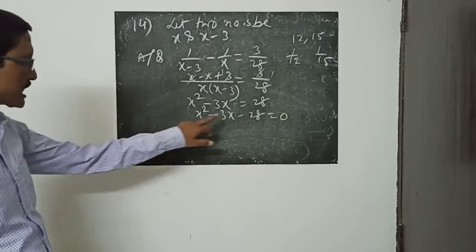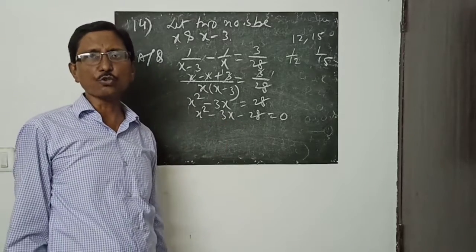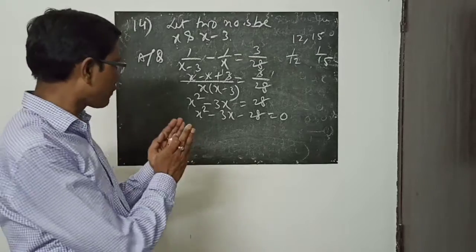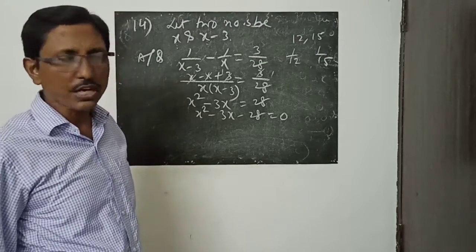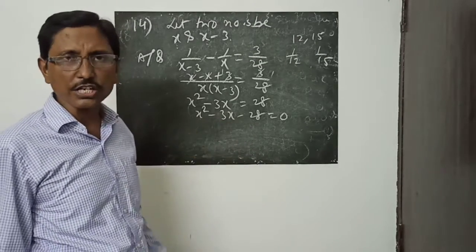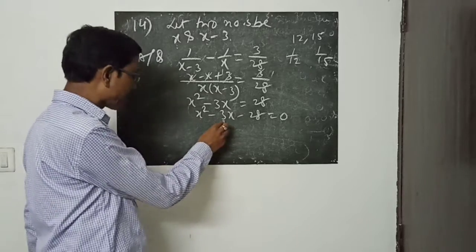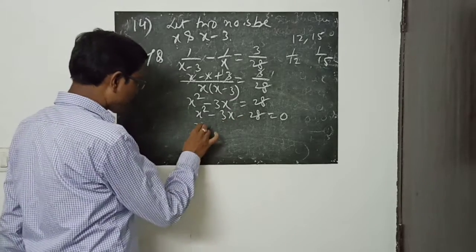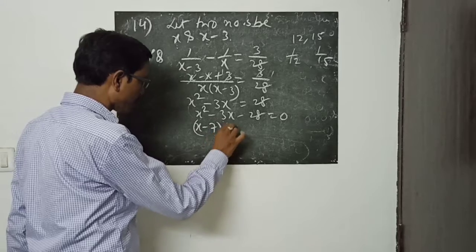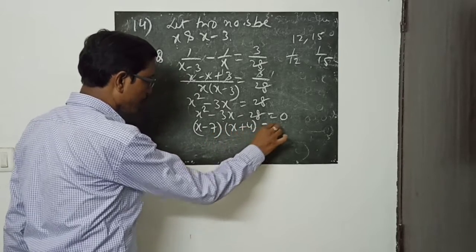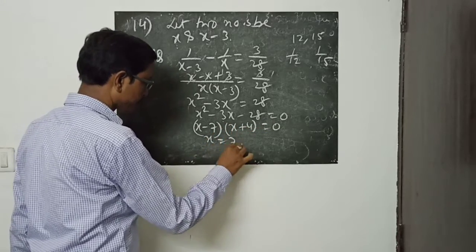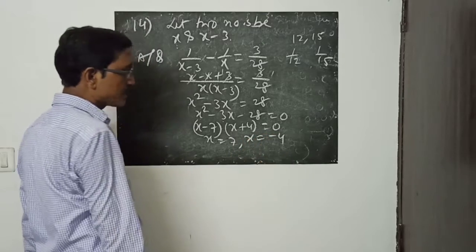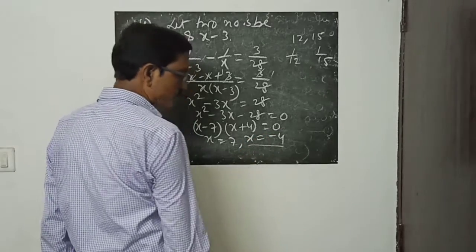Product is minus 28. Break it in two parts such that their difference will be 3. So what can we say? 7 fours are 28, so minus 7 plus 4. That means you get the factorization x minus 7 and x plus 4. But x is what? x is a natural number.